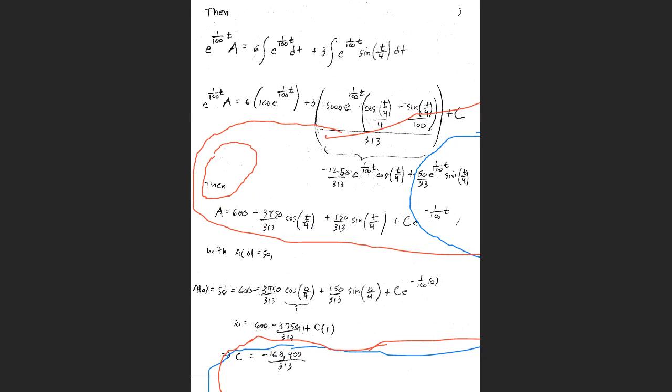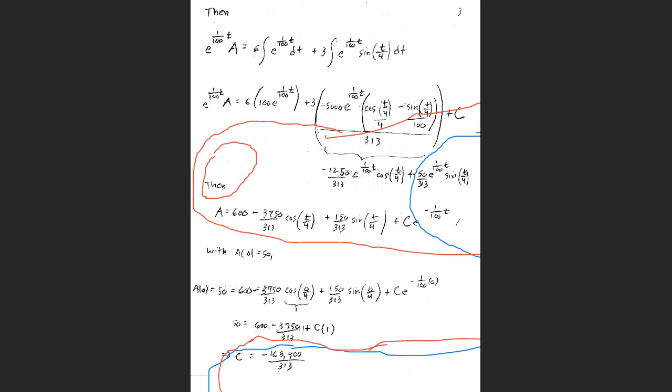So you're going to have a problem like this in your homework. So I want to go over this with you. But that constant there, okay, you still have that constant of integration that you have to solve for. So use your initial condition that initially there are 50 pounds of salt in the tank.